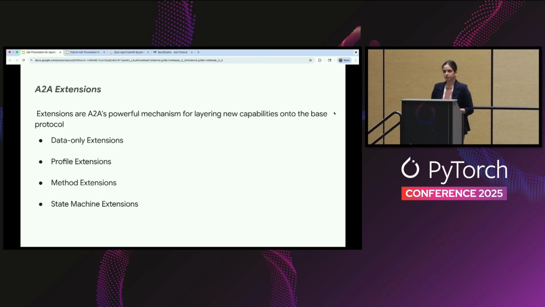The third type of extensions are method extensions. If you want to support RPC methods beyond what's supported by the protocol today, you can use method extensions. And lastly, if you want to support additional states or transitions in task management, you could use state machine extensions.